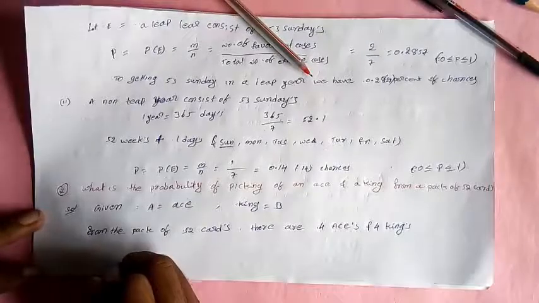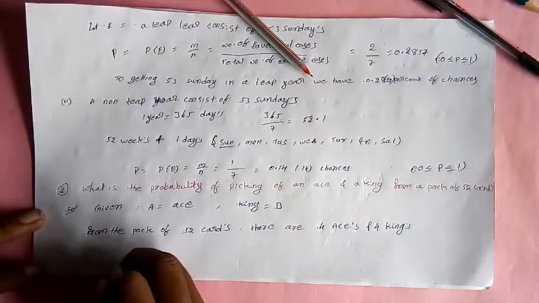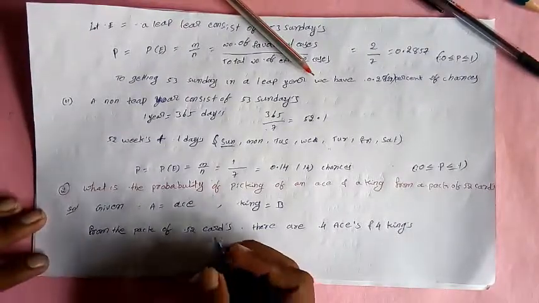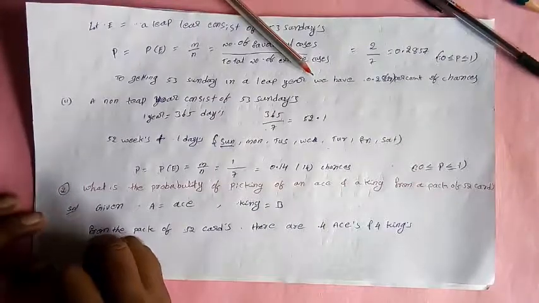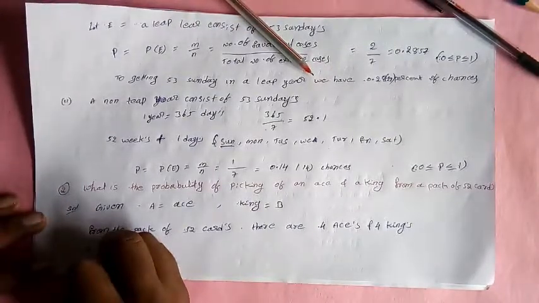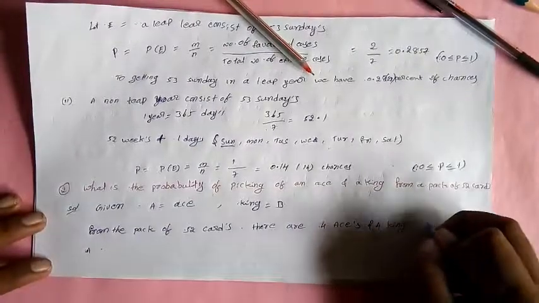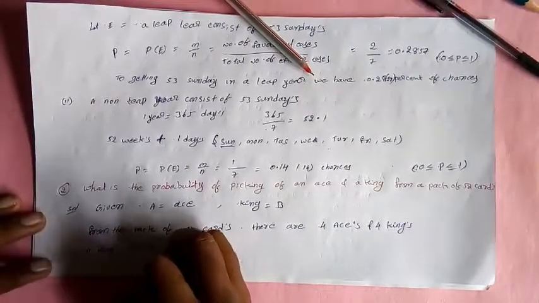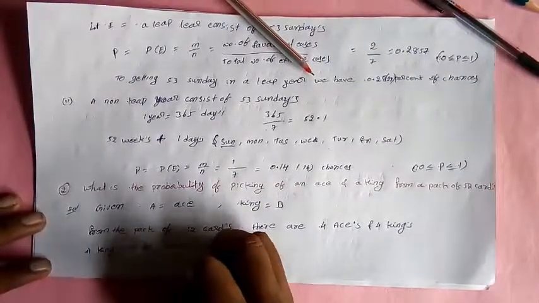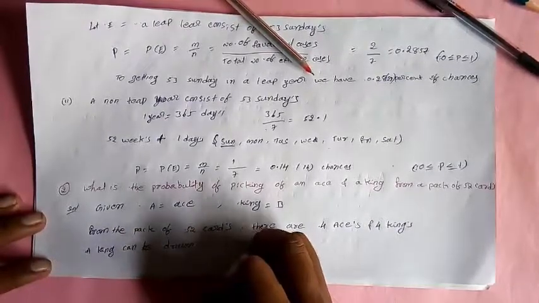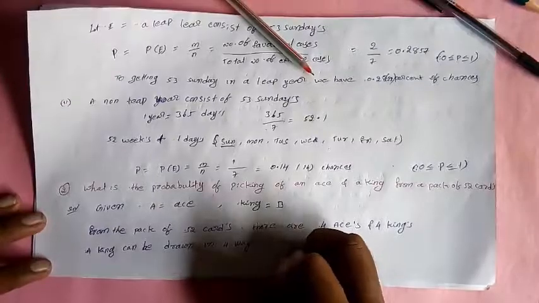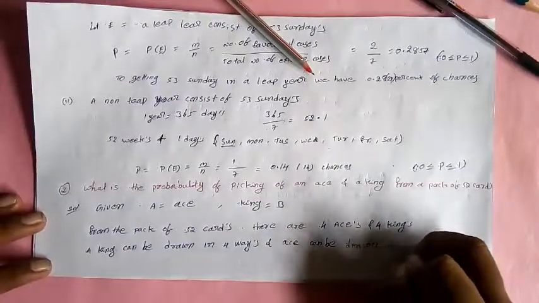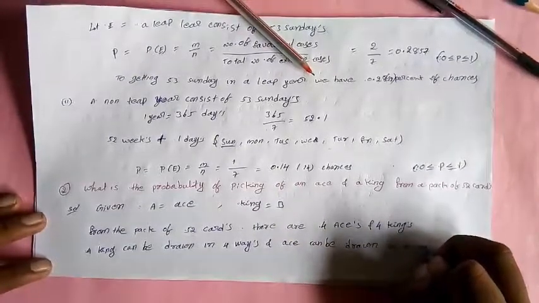Next, a king can be drawn in 4 ways and an ace can be drawn in 4 ways. From the 4 kings, a king can be drawn in 4 ways, and an ace can be drawn in 4 ways.